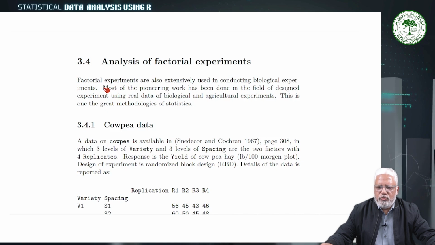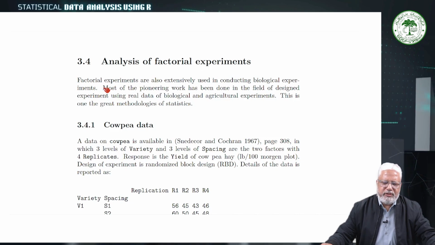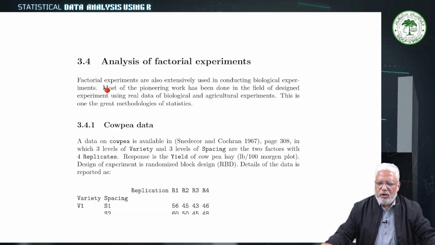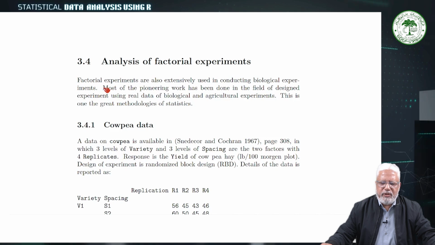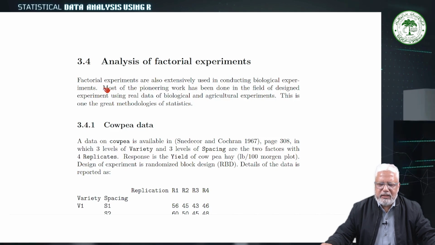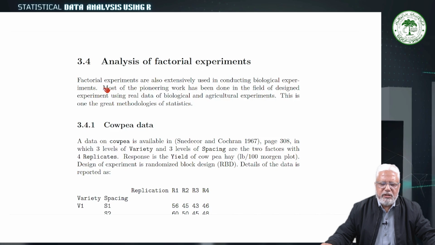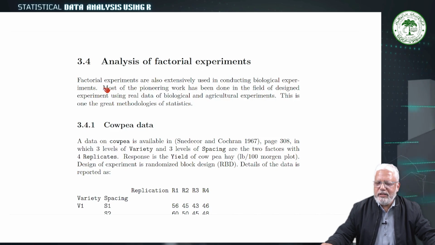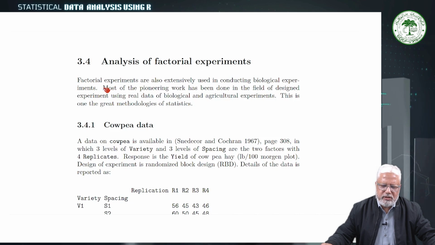C.R. Rao said these are the two great methodologies of statistics. Then he immediately asked the next question, what opinion do you have about inference? He said if data is properly collected, properly designed, properly arranged, inference looks obvious. So that is why I have written that this is one of the great methodologies of statistics.